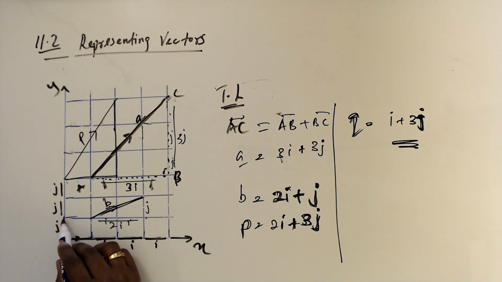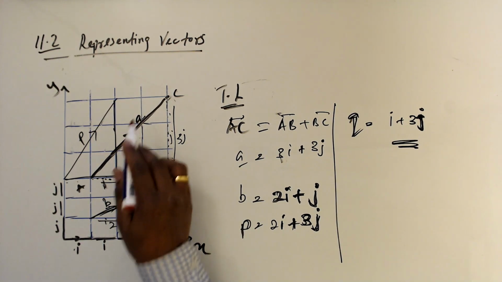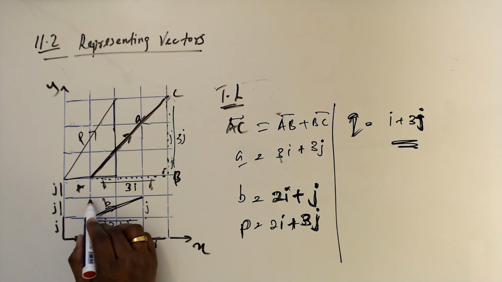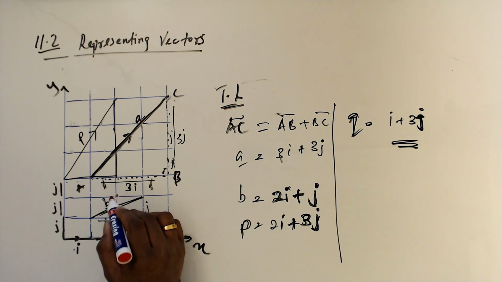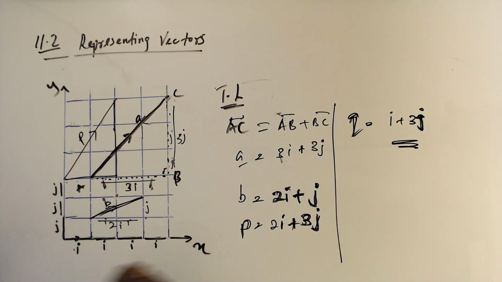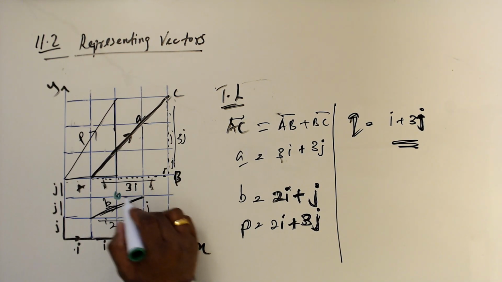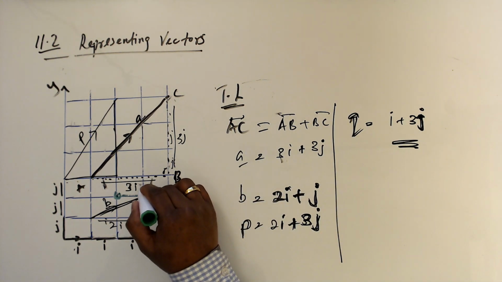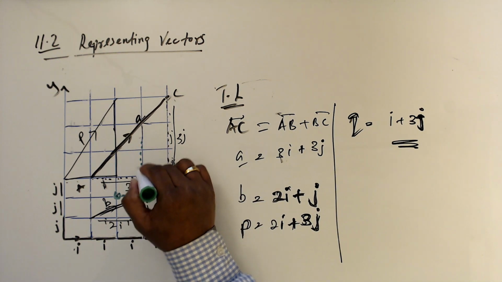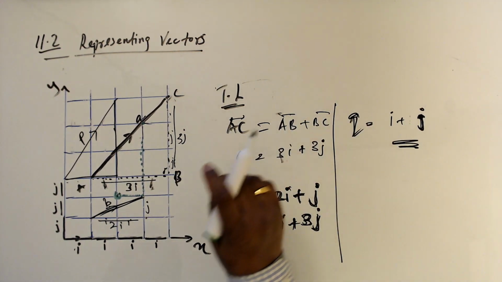So let's say I'll start from this place, and then I go 1 i to the right and 3 j up.